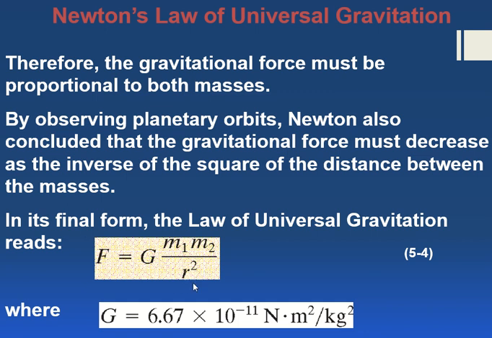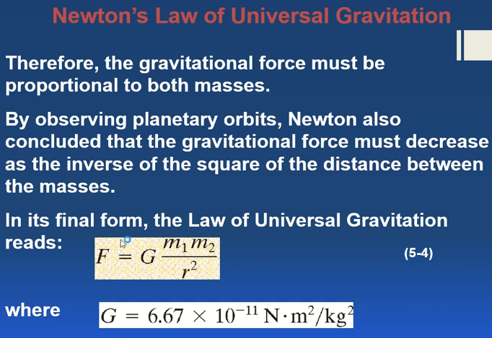So again, the further away an object is from Earth, we call that the radius, okay? The smaller the force is going to be. So we're going to divide by that. But even more so, we actually square that, okay? So we divide by the square of that distance between the center of masses of the two objects. So the further the objects get away, the smaller and smaller the force between them gets.